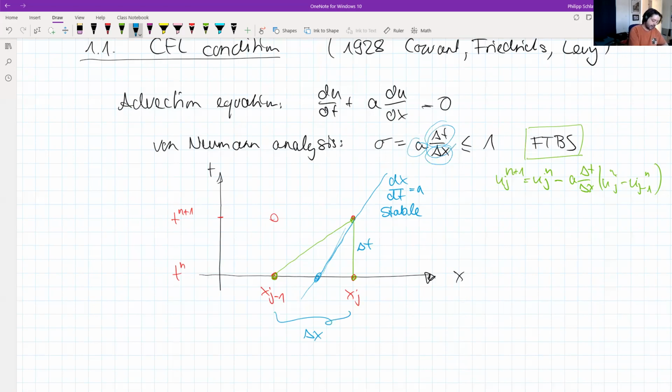And delta t divided by delta x here would essentially correspond to the slope of the left side of this triangle that I have written here in green. See what I mean? So the slope of this characteristic is such that the blue line lies between the slope of the left side of the triangle and the vertical line of the triangle. This one would correspond to 0, and this one would correspond to a slope given by delta t divided by delta x.